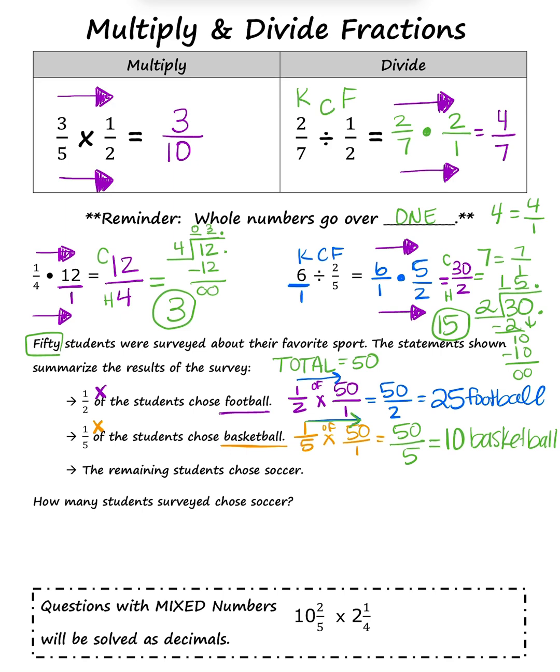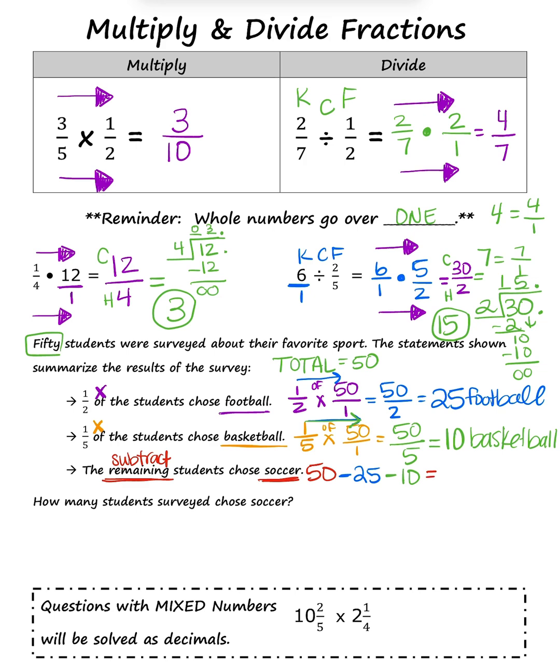Then it says the remaining students. So what does the word remaining tell us? Remaining means we need to subtract. So obviously we're going to start with our total so that we can find our soccer players. So we had a total of 50 students, and we're going to subtract my football, and I'm going to subtract my basketball, and that will equal my remaining soccer players.